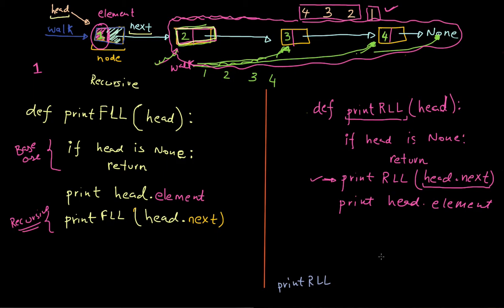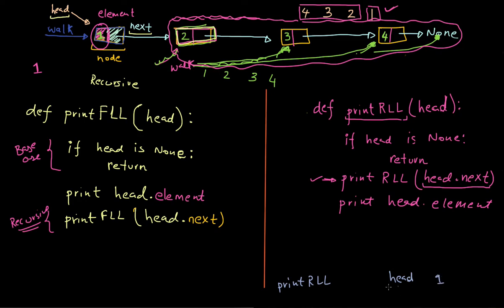The entire code was done in PyCharm, and I showed you in debugging how to get the stack trace. I recommend watching that video to get the intuition for what I'm trying to do here. So the very first time PrintRLL gets called, I'm going to make a picture showing that head at that point is pointing at this node that contains the element 1.